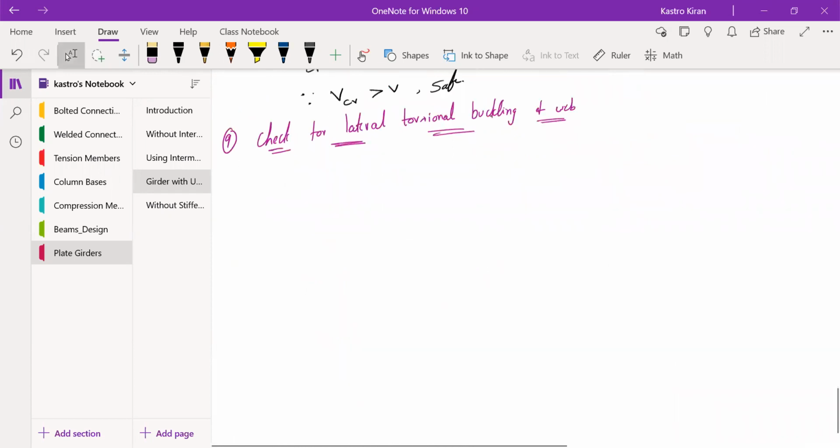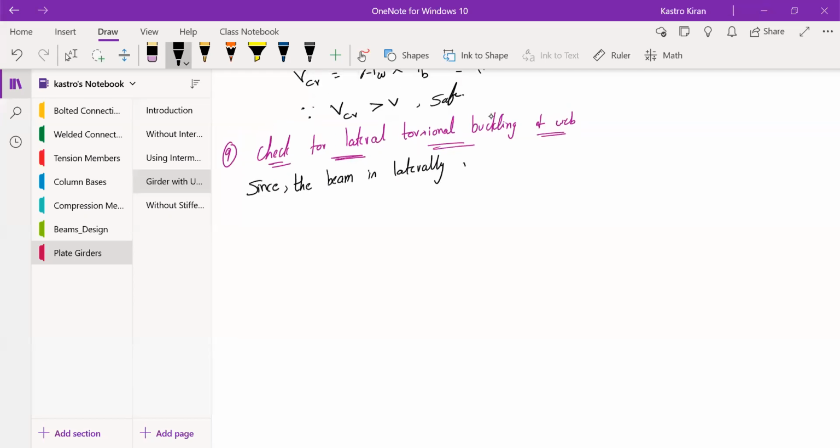Okay, so let's write that statement: since the beam is laterally restrained, so this is provided in the question.